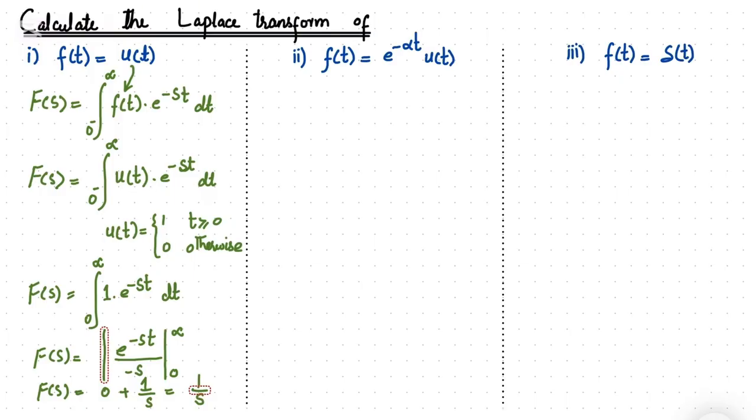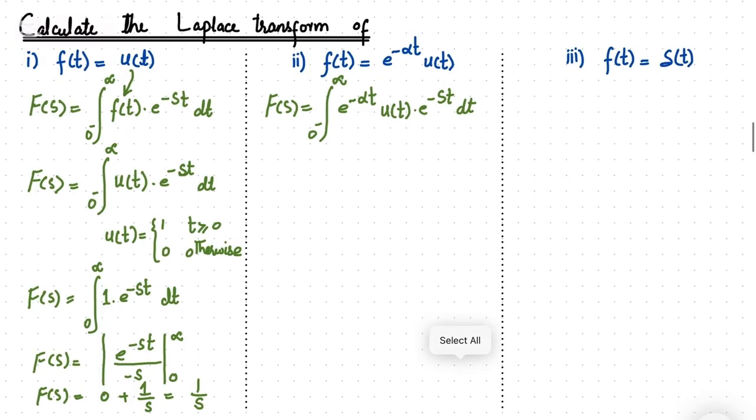That would be F of s equal to the integral from 0 minus to infinity of e raised to power minus alpha t, u of t, e raised to power minus st dt.